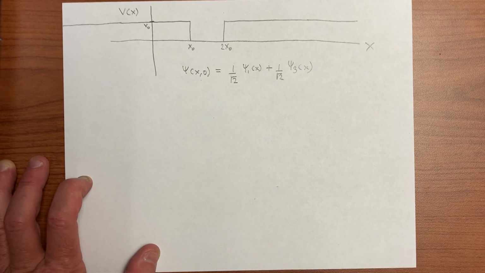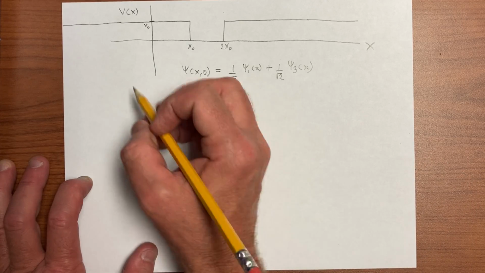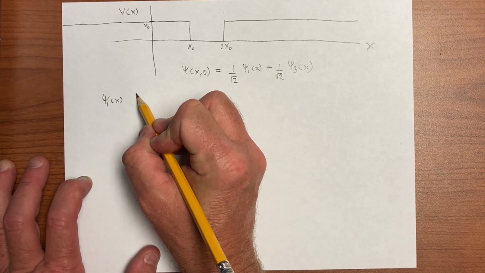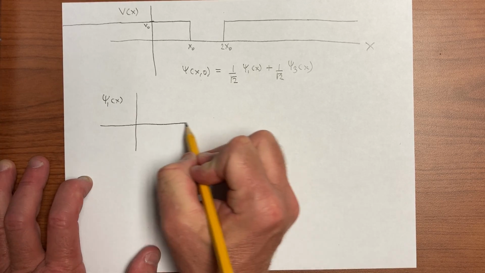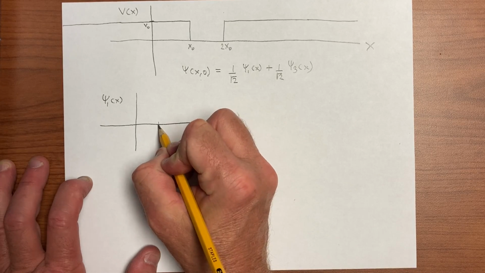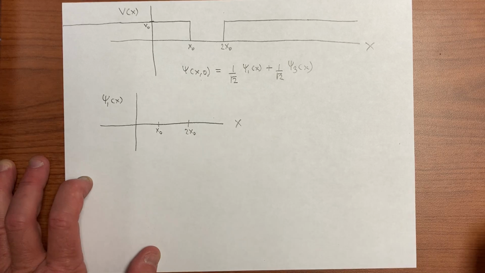And we want to think about psi of x and t. Let's draw these functions. So psi 1 of x, x naught, 2x naught. What does that look like?